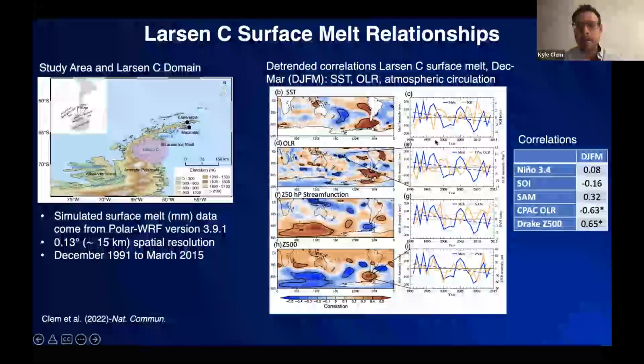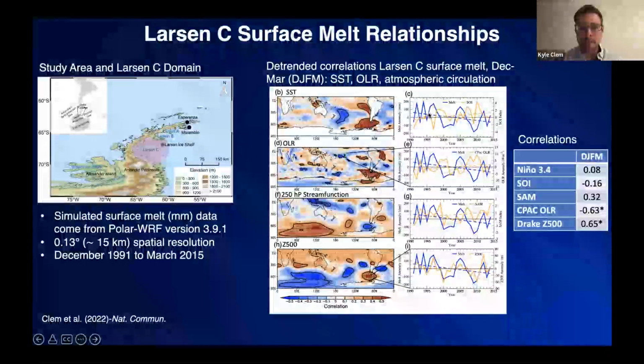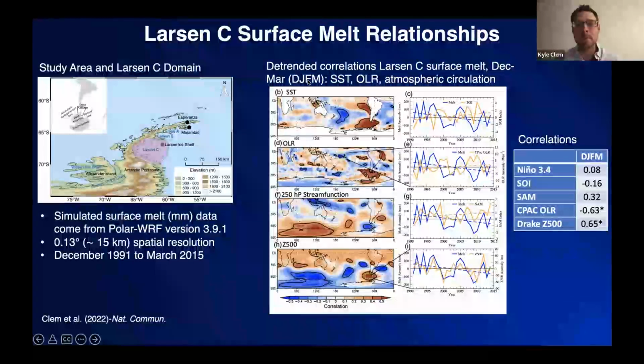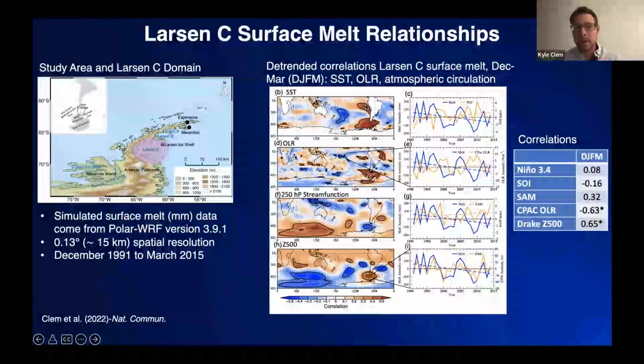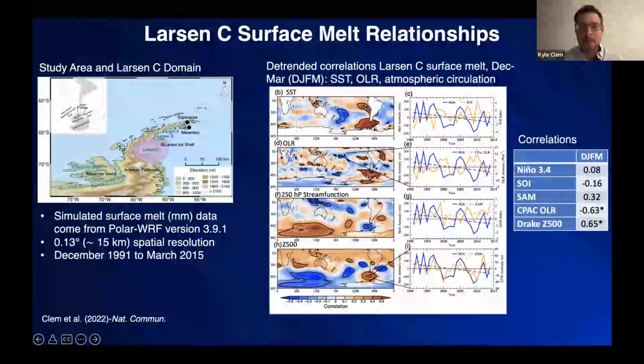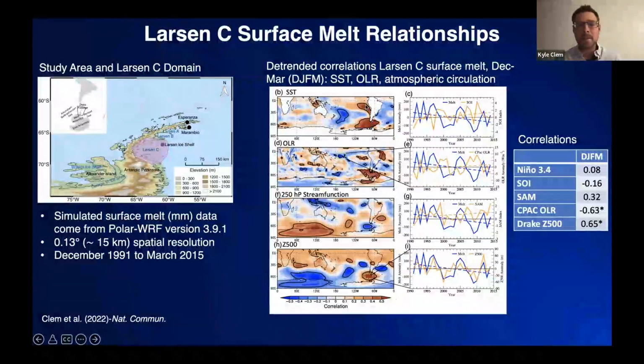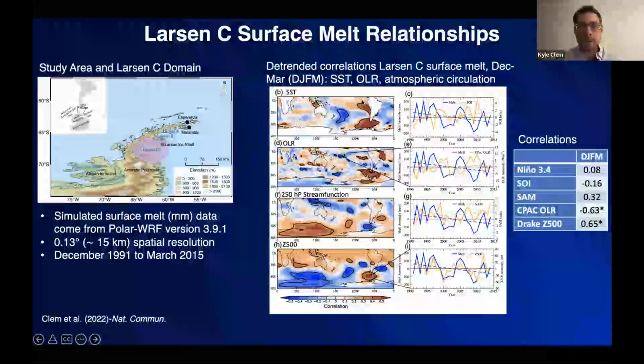And then on the right are some time series with some key large scale climate indices. And this study was done over the summer melt season from December through March. And on the top left, Larsen C surface melt we found was associated with positive sea surface temperature anomalies off the equator in the southeast tropical Pacific, perhaps El Nino-like, but no significant sea surface temperature anomalies in the equatorial latitudes.